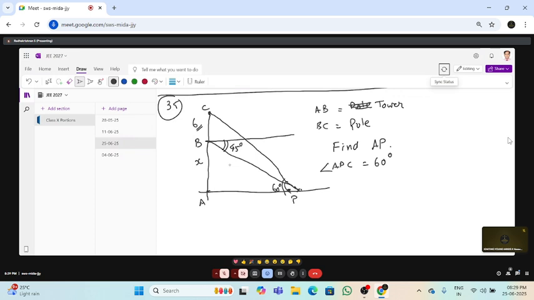Let us say this point is some D, then angle PBD is given as 45 degrees. Now find AP. That is the problem. Let us put it like x. I don't want to use the same sign.